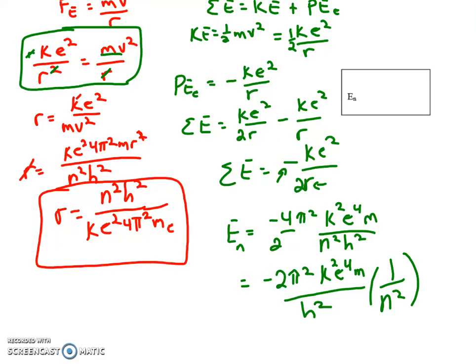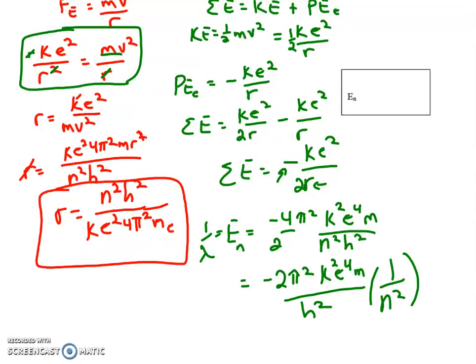There is Bohr's reproduction of the fact that the energy level, which is really 1 over lambda, right, by Planck's law, is proportional to 1 over the square of the quantum number, the energy level. This is what Lyman and Balmer and Paschen found experimentally that no one could explain theoretically. So Bohr comes up with a value that is very, very important because it matches experiment very, very nicely.